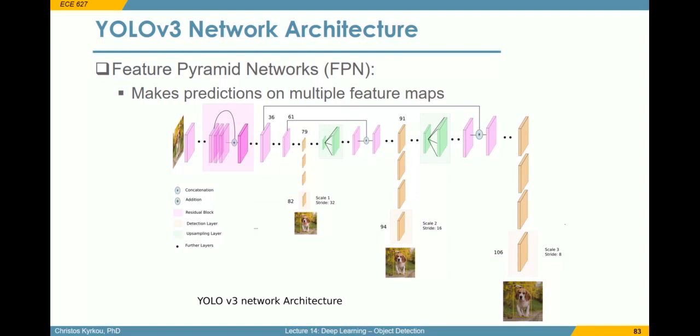And they assigned 3 anchor boxes at each scale. They arranged the anchor boxes in descending order, starting from the largest ones. And they assigned the first 3 to the first output, then the second, and so on. And this allows them basically to make more specialized detectors for different scales.